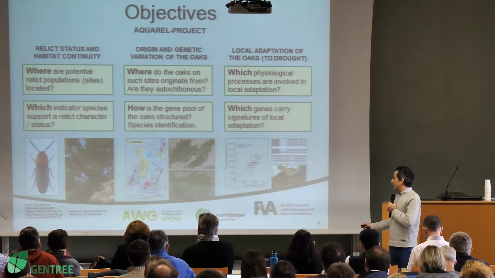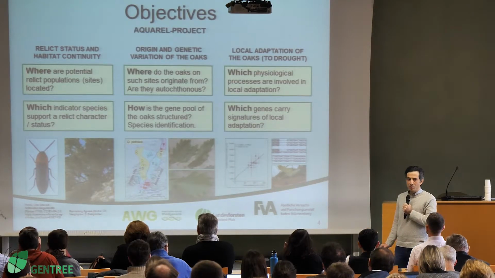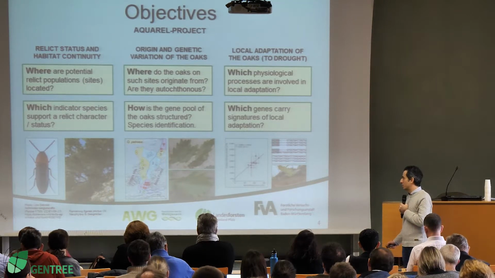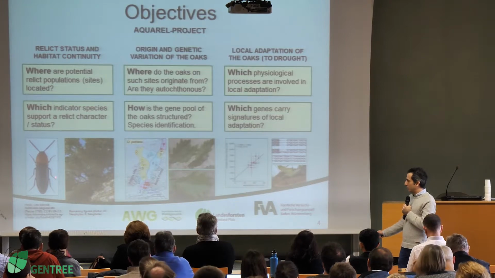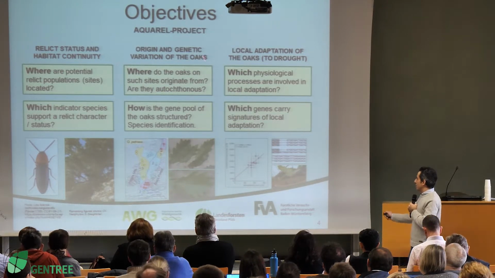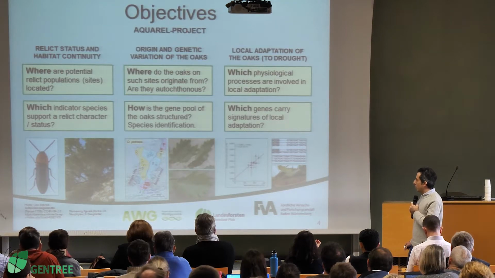Then we want to study habitat continuity within such populations, and we have some approaches based on insect fauna to study this. Then we investigate the gene pool of the oaks using, on the one hand, chloroplast microsatellites again. And we expect there, of course, to find those haplotypes that reflect the post-glacial recolonization.